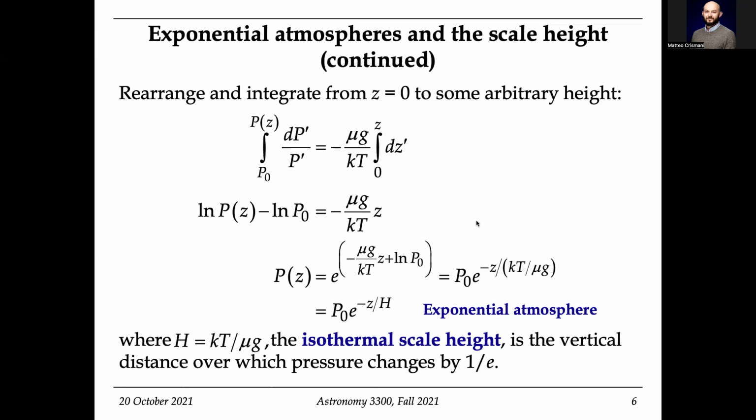Cool. And this thing here is the isothermal scale height. We're going to call it H. And what that means is, I didn't draw this very good. Let's pretend I do this thinking about the next part of my slide. Here's 1, okay? And I'm going to go out.